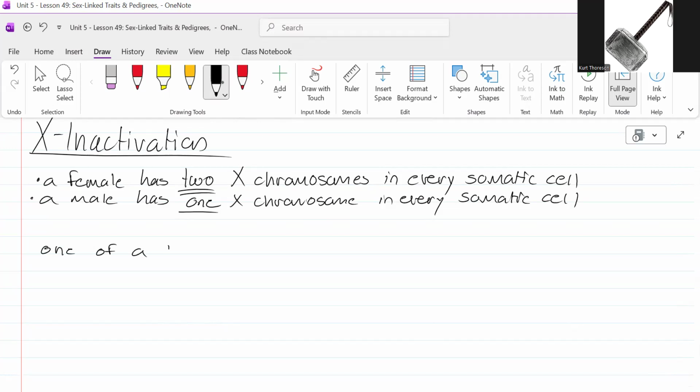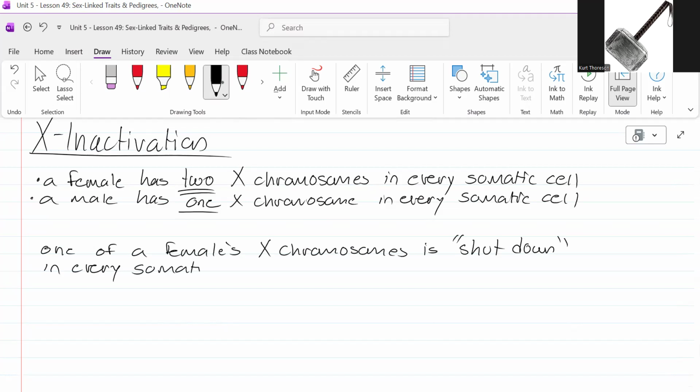One of a female's X chromosomes is, for lack of a better term, shut down in every somatic cell. And this is where I need you to listen to me and not just jump to your own conclusions. It is there.